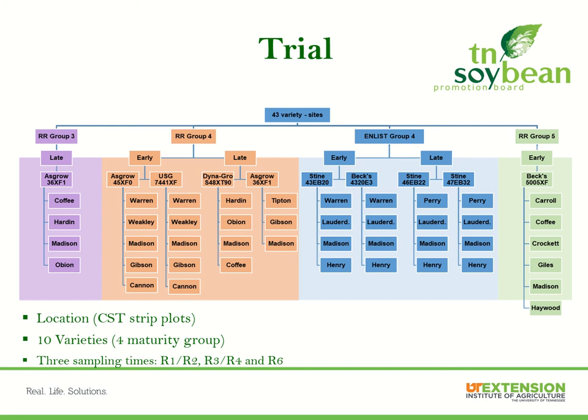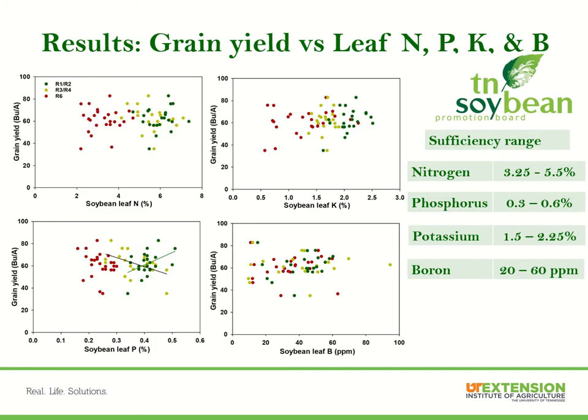I'd like to present some of the data that we got from this research work. On the y-axis, this will be your grain yield, and on the x-axis, this is the soybean leaf N, leaf K, leaf P, or leaf B, which is your boron. If you look at the right side of this slide, these are the different sufficiency ranges that we currently have.